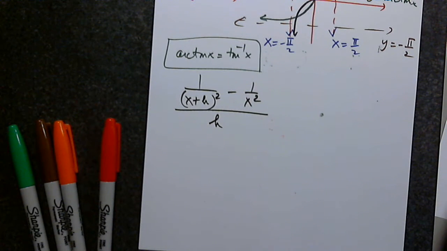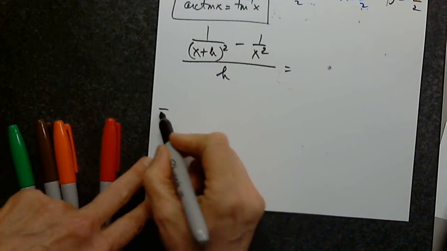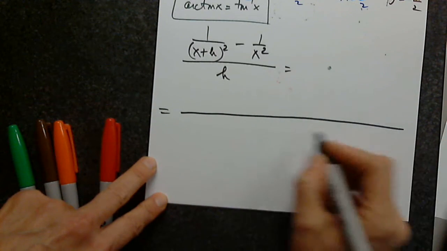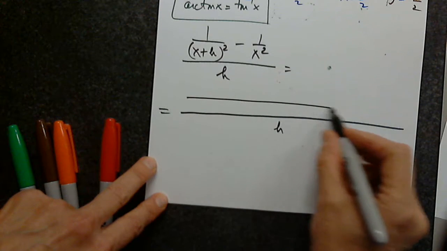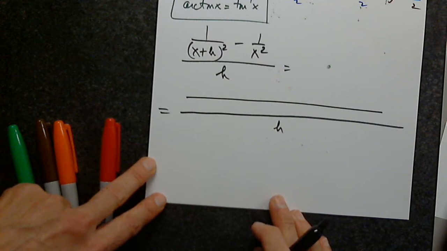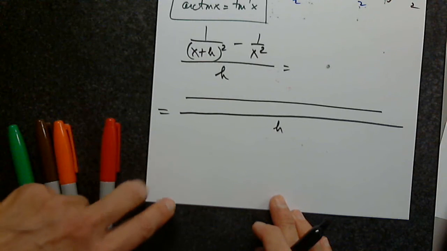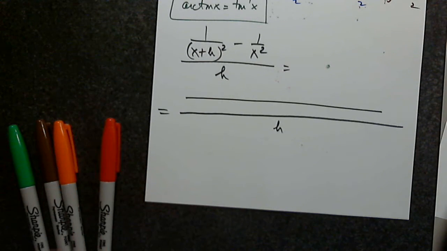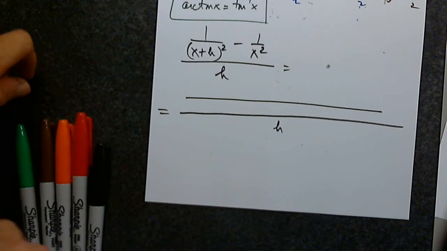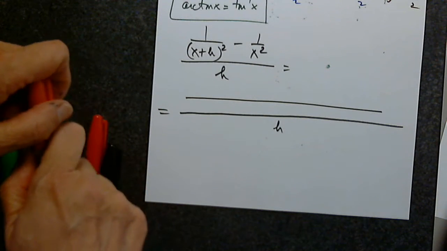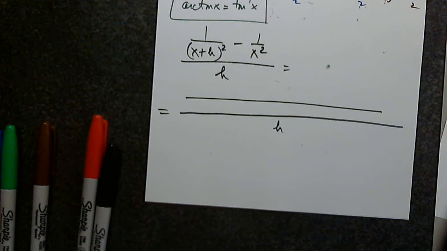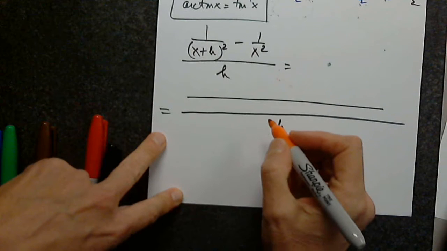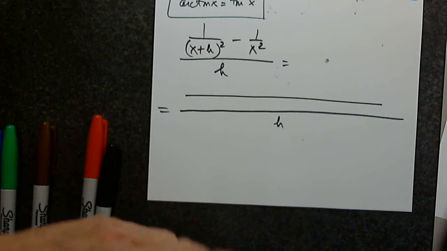Okay, so let's find the least common denominator at the top. It should just be both multiplied.